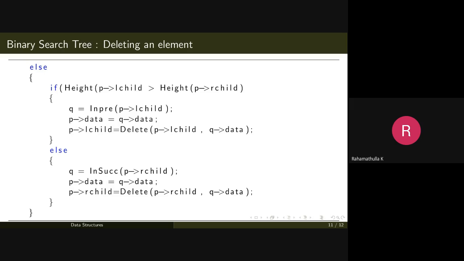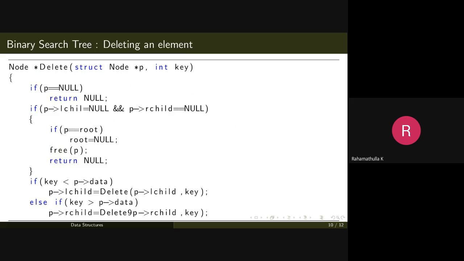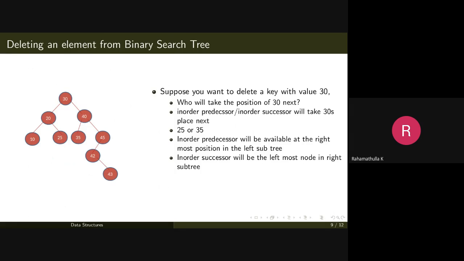Then you can consider one more thing here, that is the height of the left child and the height of the right child. For example, while considering the in order predecessor or in order successor, which one do you need to consider? By considering the left subtree and the right subtree.